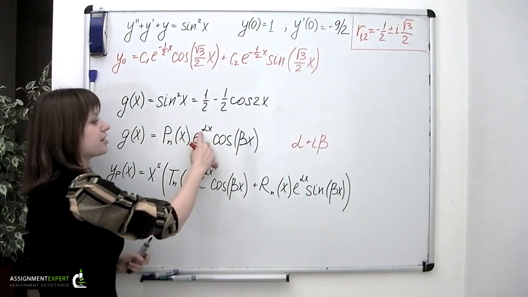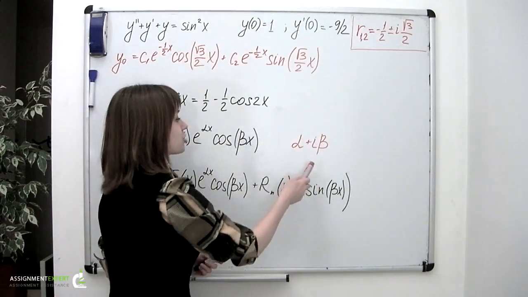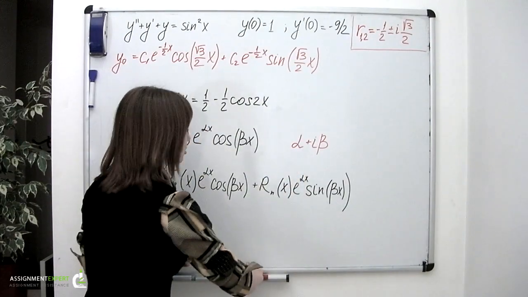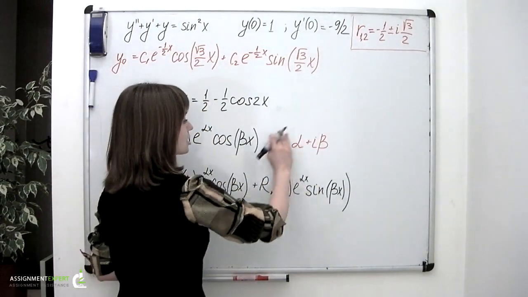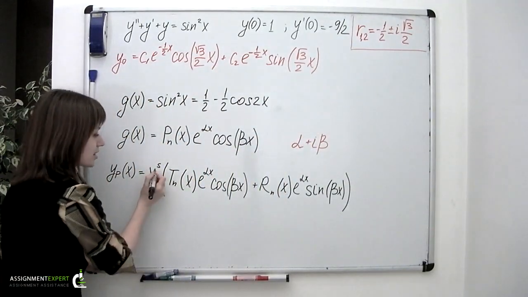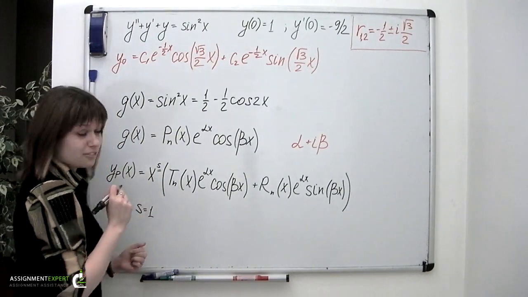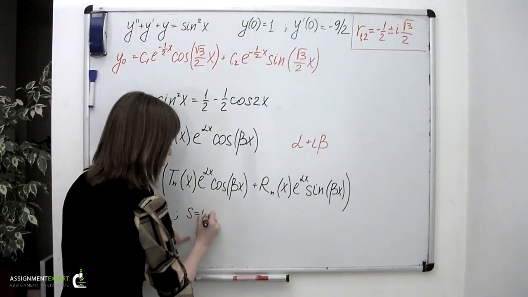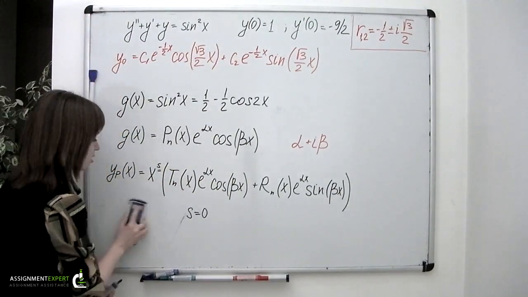So we have an alpha here and beta here, and substitute them in here and obtain such expression, and then compare it to the characteristic roots and see if they coincide or not. Because if this expression coincides with one of the characteristic roots, we must set this small s right here to 1. And if not, then we should set s to 0. That's a piece of information to remember.